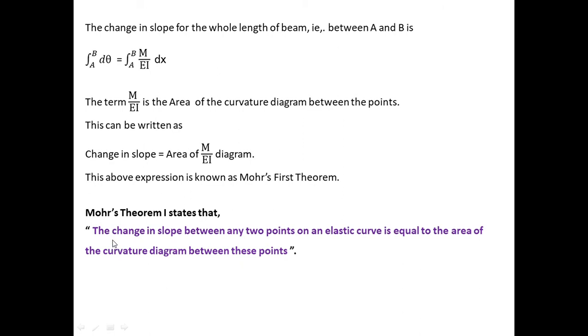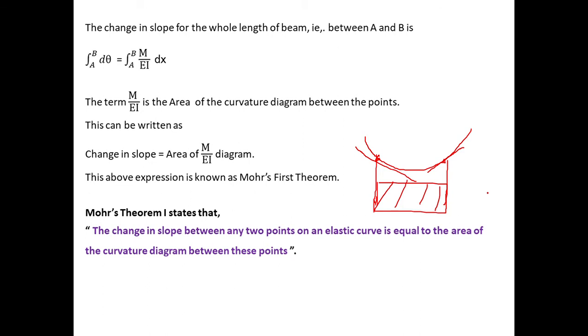What it says is, the change in slope between any 2 points, right? Here is 1 point and here is 1 point. So the slope is changing, is it not? So the change in slope between any 2 points on an elastic curve is equal to what? The area of the M by EI diagram between these 2 points.